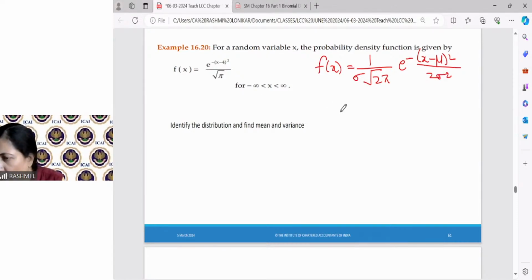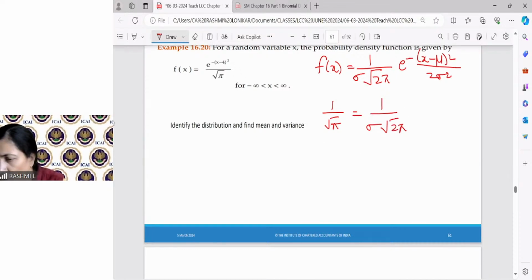So 1 upon square root of pi is equal to 1 upon sigma square root of 2 pi. Right? So what will happen? Squaring both sides. I will have sigma square into 2 pi is equal to pi.